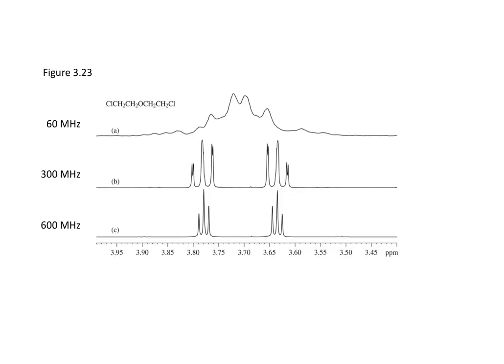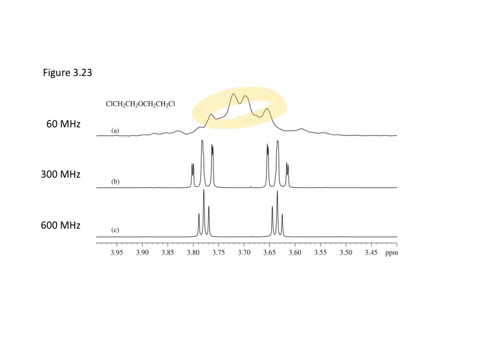This example with bis chloroethyl ether is instructive in what happens when the frequencies of multiplets are close together. At 60 megahertz, which is an instrument I fondly remember from my undergraduate research days, all we can say is that this is a featureless multiplet.